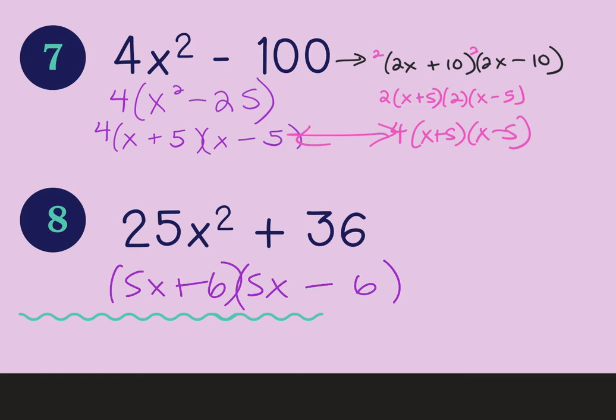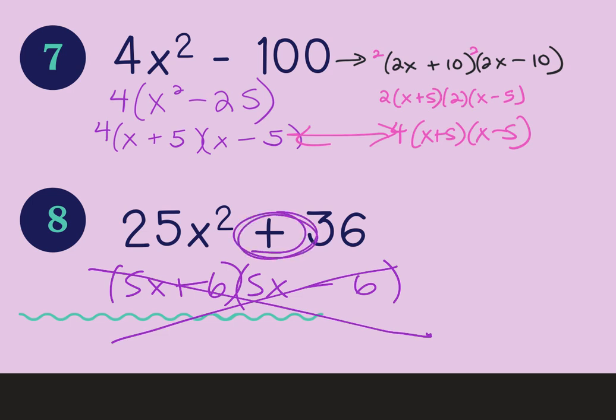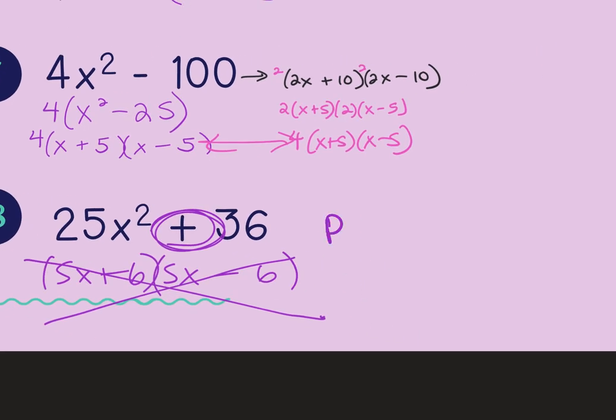You just lost all the points because, what's this type of factoring called? It's called the difference of two squares. That's a plus. You cannot factor it if it's a plus. This is prime, not factorable. Be careful. It'll try to get you.